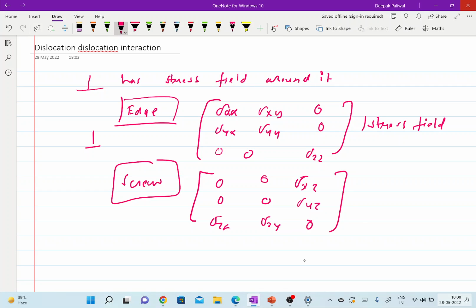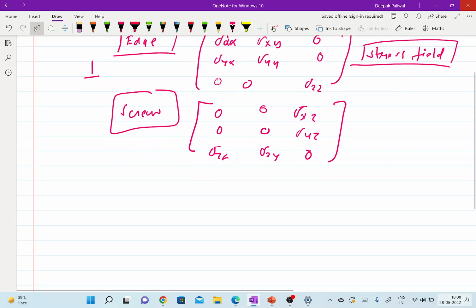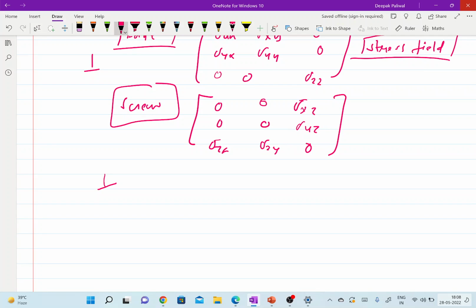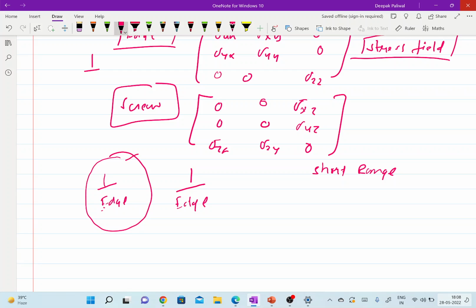So obviously in a material we do not have only a single dislocation, we have a large number of dislocations. So when one dislocation, suppose an edge dislocation, comes in the closer vicinity of another edge dislocation, as in the previous lecture we have learned that these stress fields are short range stress fields. Suppose this particular edge dislocation, which has a particular amount of stress field around it, comes into the close vicinity of this one, let me call it 2, and this is 1.